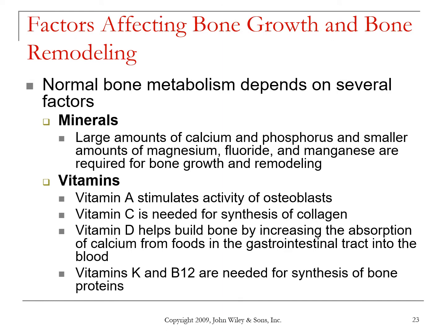Normal bone metabolism, that is the buildup and breakdown of bone tissue, depends on several factors, which we will summarize here. Number one, minerals. Bone tissue is unique in that the extracellular matrix is highly mineralized. Large amounts of calcium and phosphorus, in addition to smaller amounts of magnesium, fluoride, and manganese, are required for bone growth and remodeling.